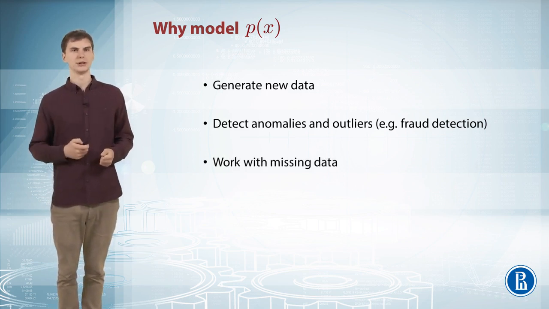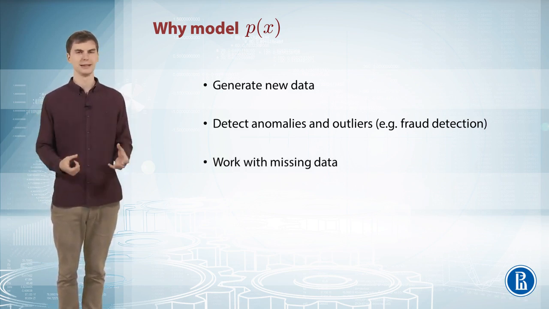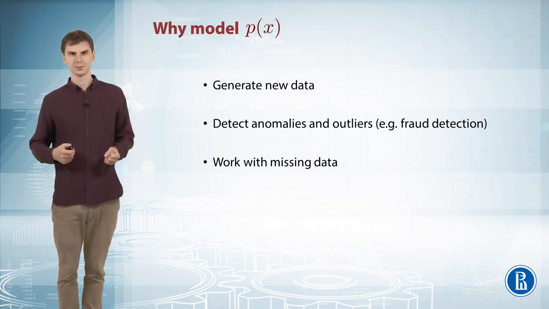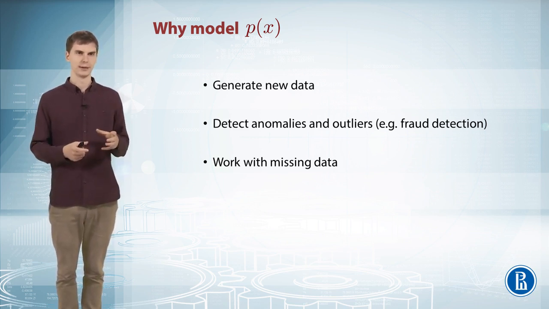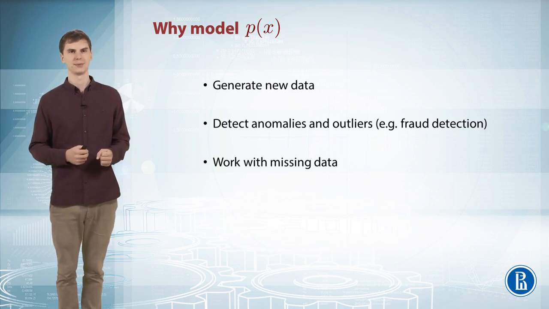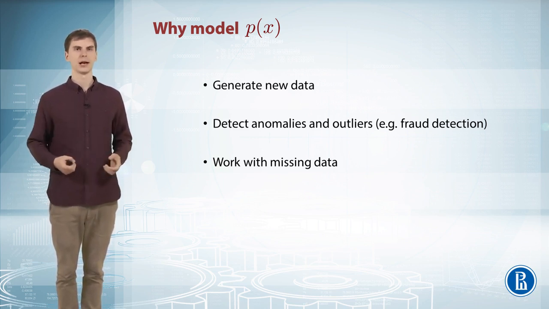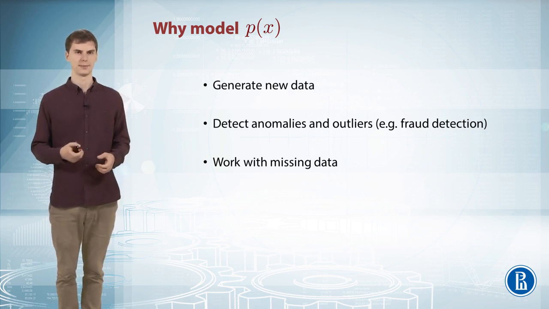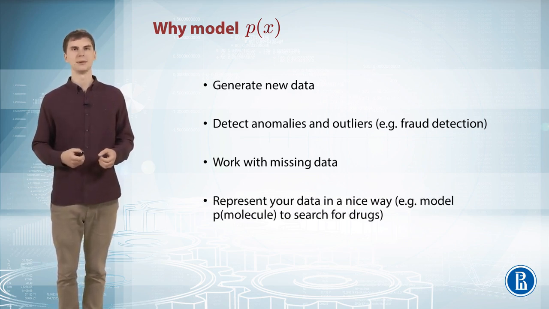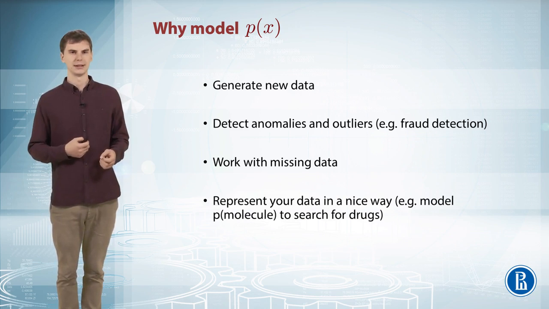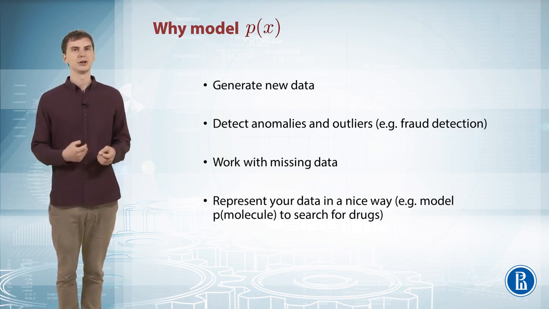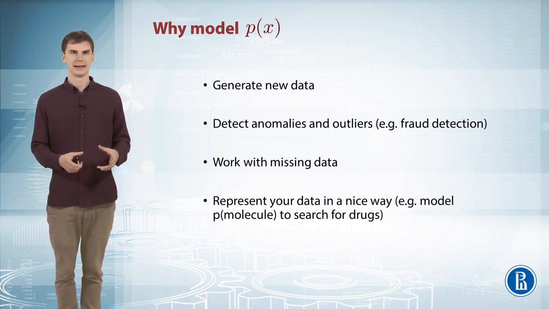And one more reason is you may want to handle missing data. For example, you have some images with obscured parts and you want to do predictions. In this case, if you have p of x, so probability of your data, it will help you greatly to deal with it. And finally, sometimes people try to represent some highly structured data in low-dimensional embeddings.